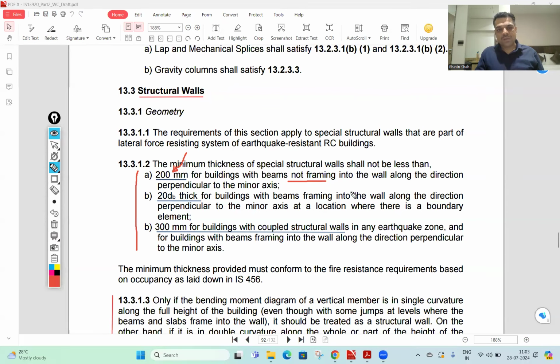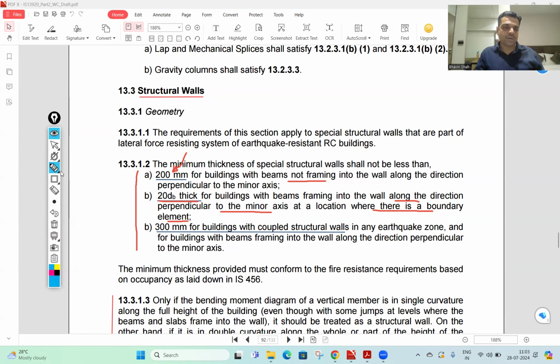If there is a beam framing from the minor direction, then the thickness requirement is minimum 20 db for buildings with beams framing into the wall along the direction perpendicular to the minor axis at a location where there is a boundary element. So it becomes 20 db.